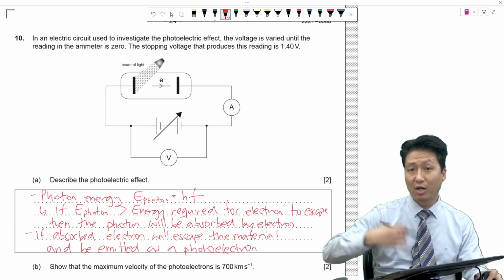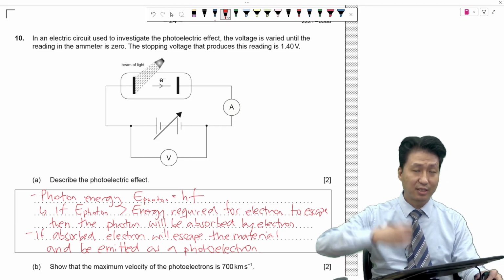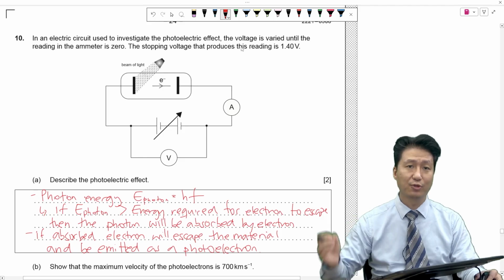So the electrons that are able to absorb these photons escape the substance and are emitted as photoelectrons.